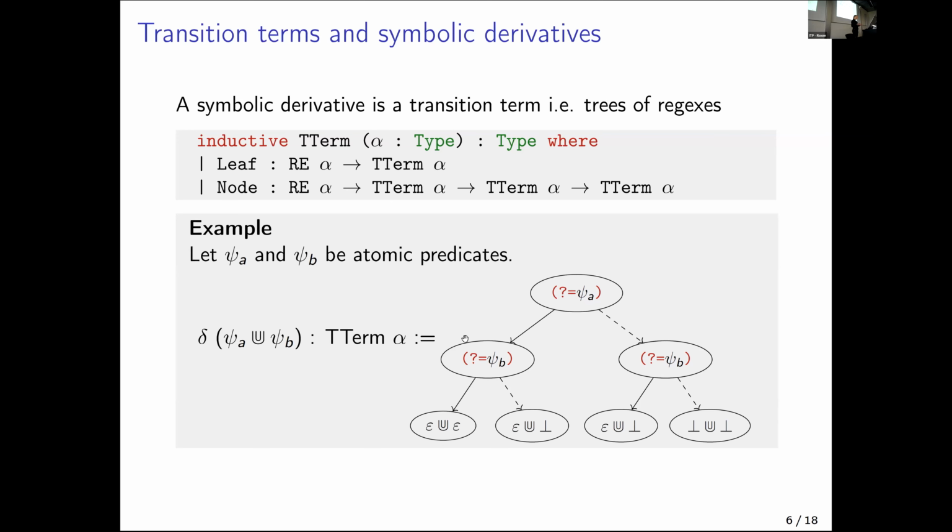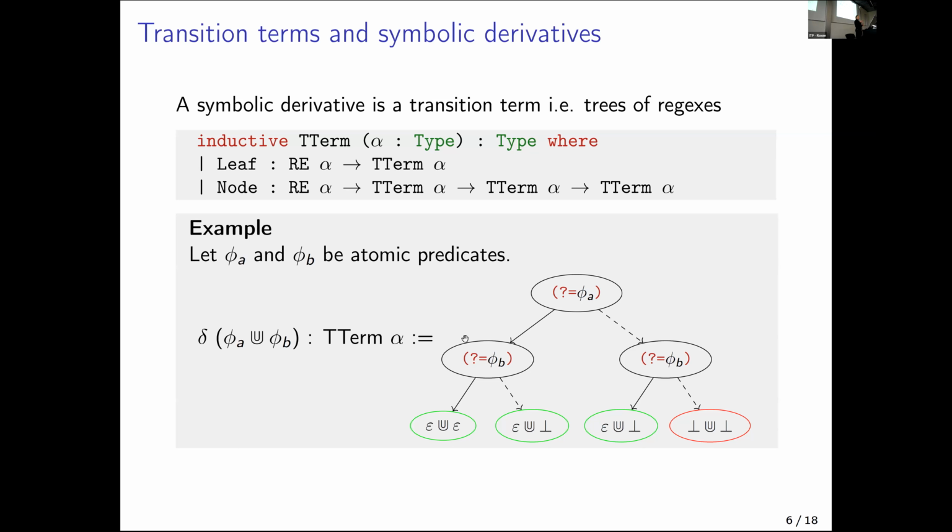And now, how should we think about it? So we should think about the symbolic derivative as partial evaluation of the regular derivative, in the sense that all the nullability conditions have been delayed. But if we look at the expressions in the leaves here, we can see that the first three expressions are essentially equivalent to epsilon.